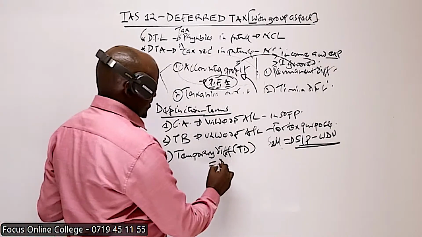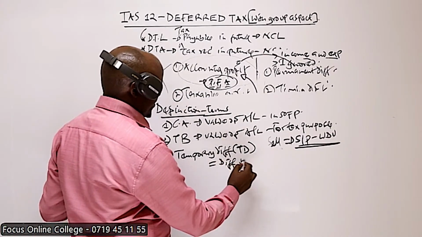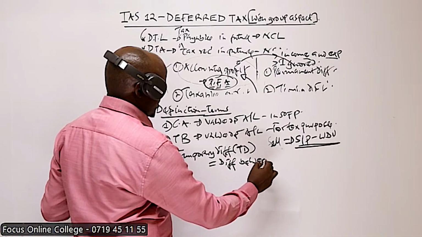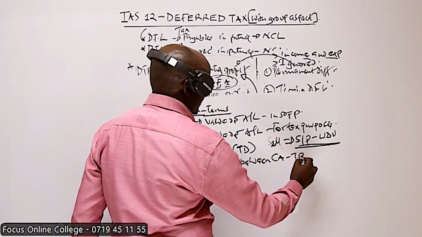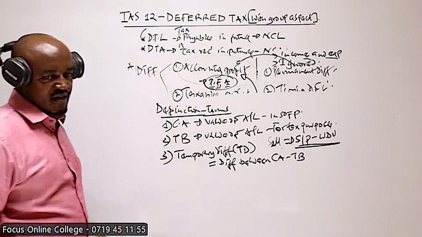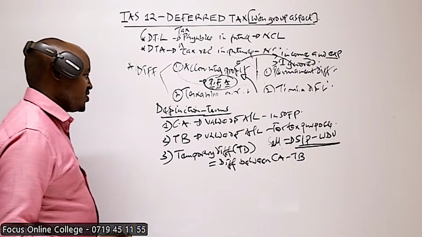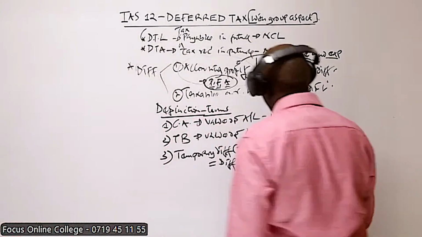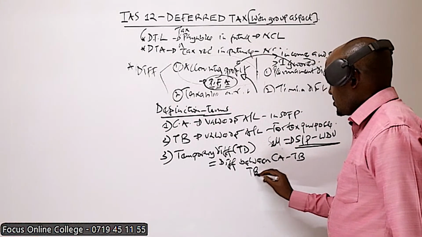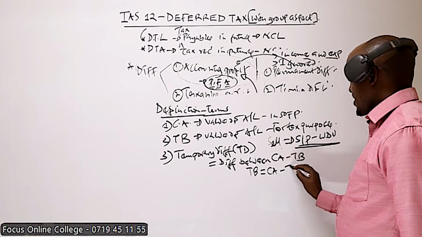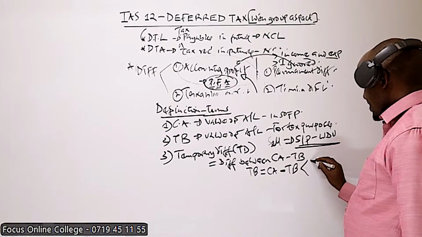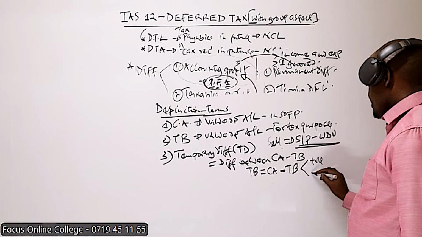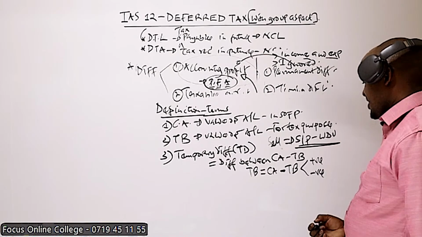this is the difference between these two values. The difference between carrying amount and tax base. So in other terms, to compute the temporary difference, we take the carrying amount minus the tax base, of which in this case, we can either get a positive figure or a negative figure.